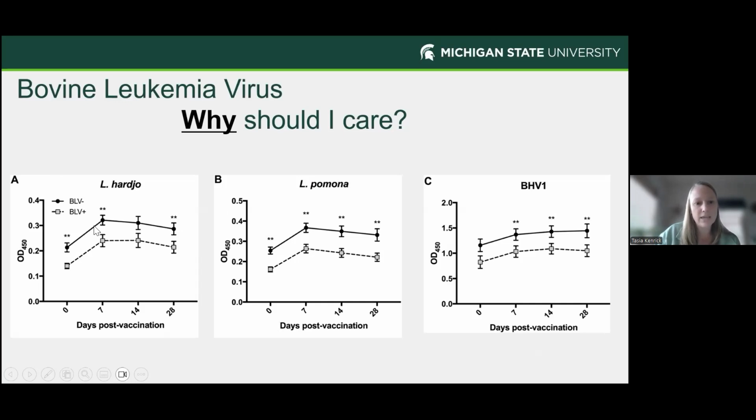BLV negative animals are the solid black line, and BLV positive animals are that light gray dotted line. Across all three of the components in the Bovishield vaccine, you see a lower antibody response in BLV positive animals. So animals infected with BLV aren't able to mount that immune response and be protected from the vaccines like a BLV negative animal would.